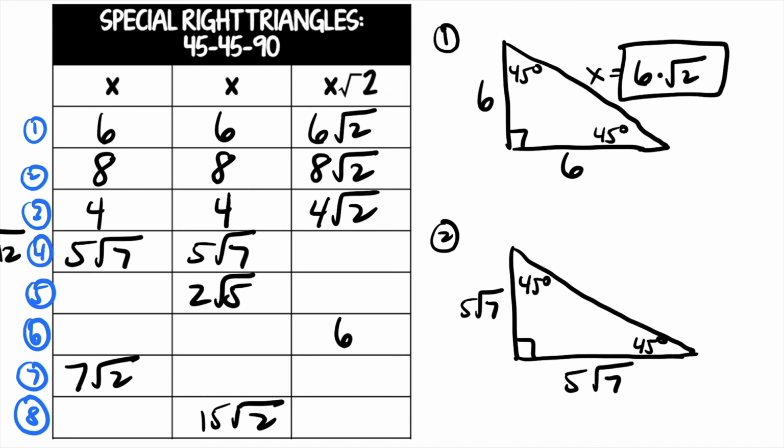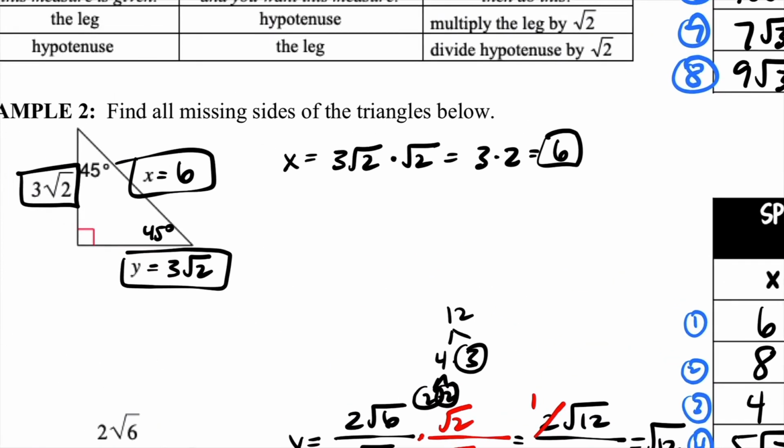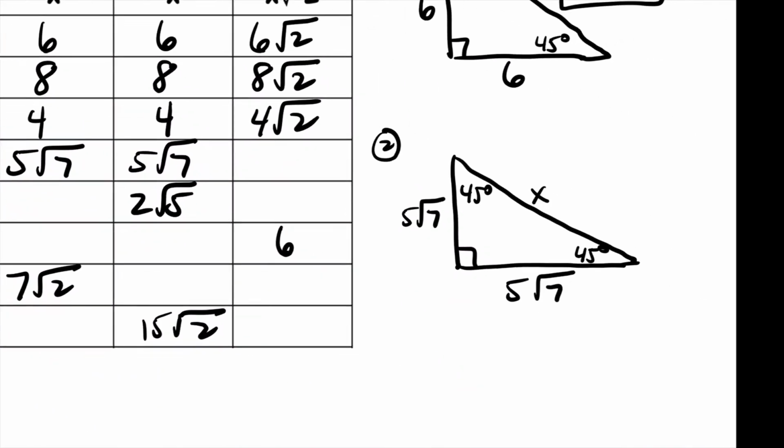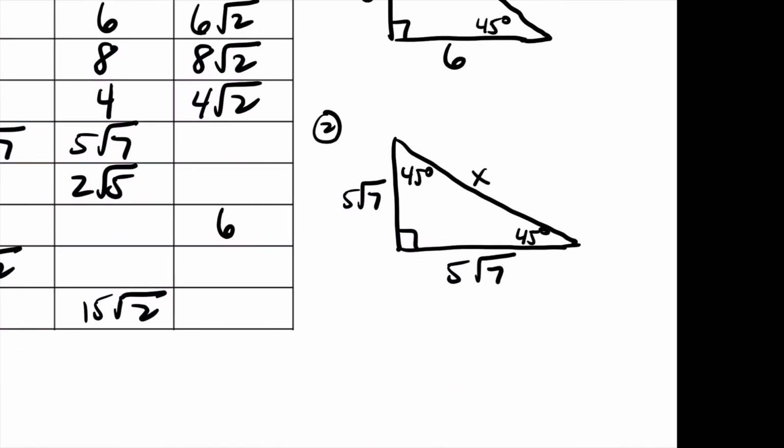Okay. So now I need to find the hypotenuse, like I did for number 1. So we go back to my table, and my table says if you have a leg and you want to find a hypotenuse, you multiply the leg by the square root of 2. Okay, so let me go back. So I'm going to take my leg. My leg was 5 root 7, and I'm going to multiply by the square root of 2.